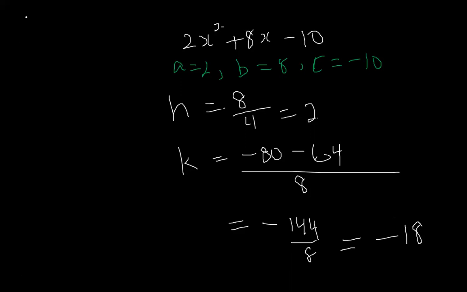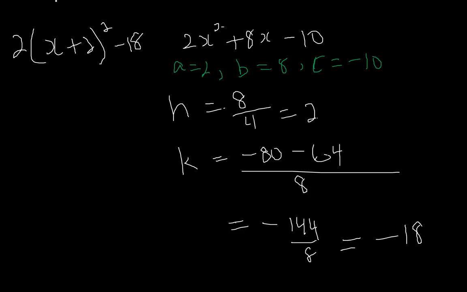Then we can write it in the form: it's 2(x plus 2) squared minus 18. Everybody understands how I got that answer? Yes, no.